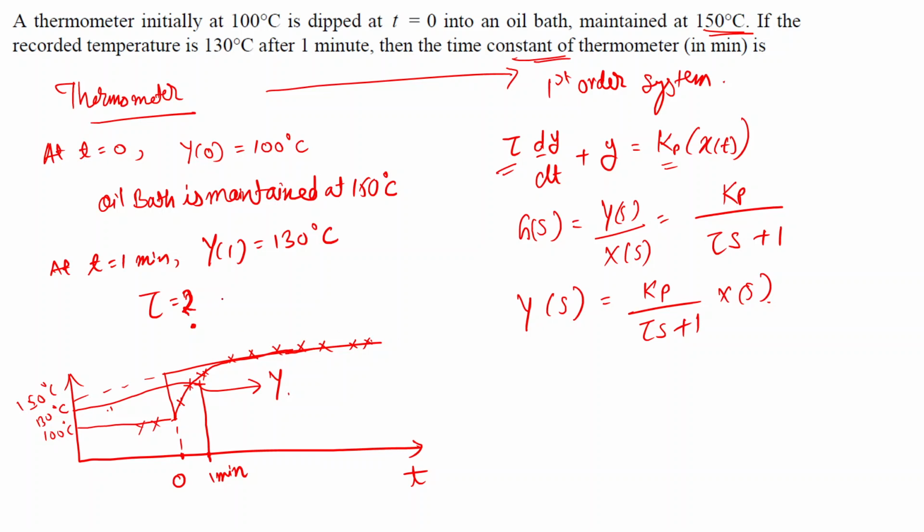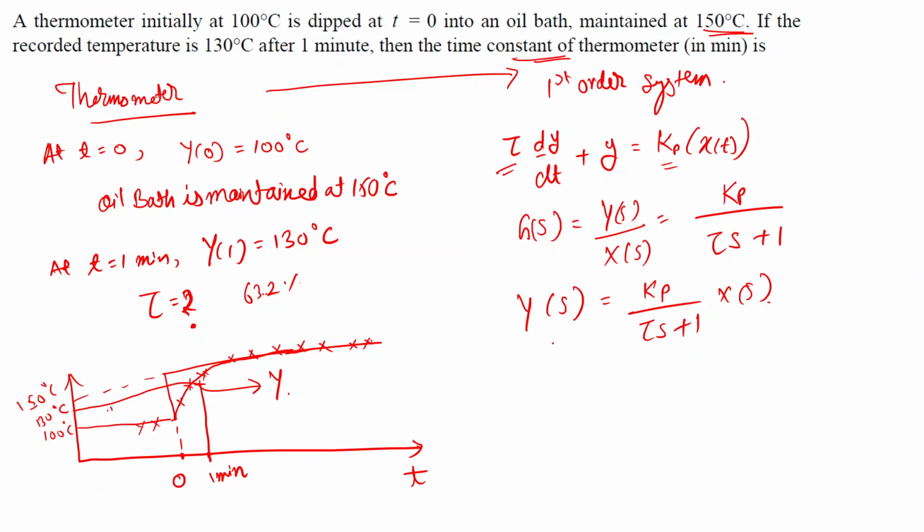So tau we define as the time taken by the system to reach 63.2% of the output change. Basically, the time taken by the system to reach 63.2% of the delta T, that is 50 into 0.632 plus 100. How much time is taken by the system to reach that value is defined as the time constant.